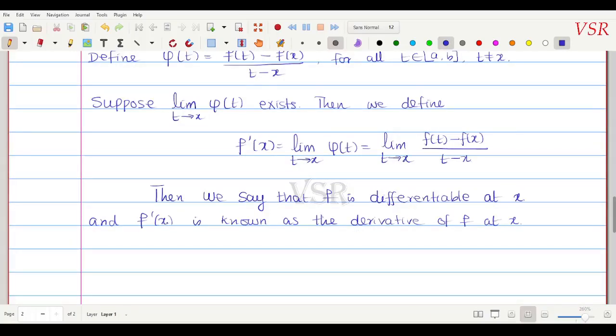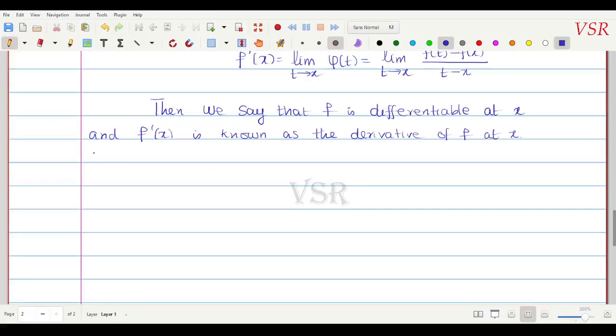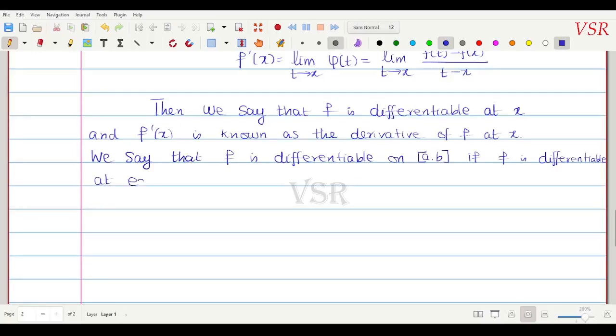We say that f is differentiable on the closed interval [a, b] if f is differentiable at each x belonging to [a, b].